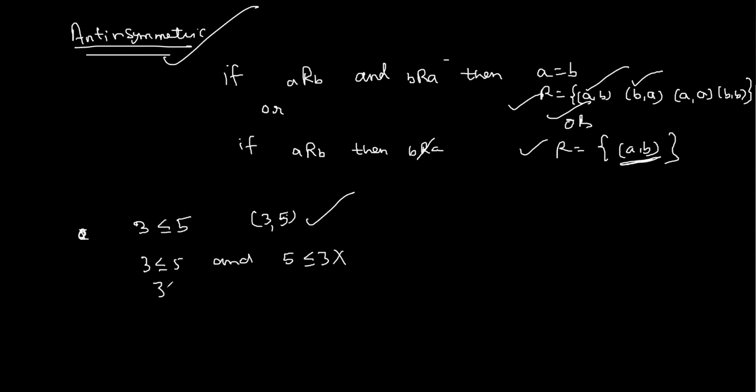So A equal to B is only true when both are the same number. So this is true only when A and B are the same. Otherwise, you can write only this.